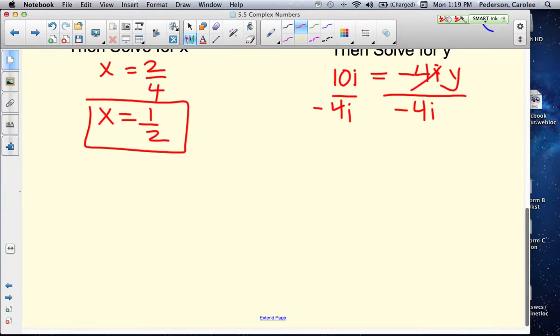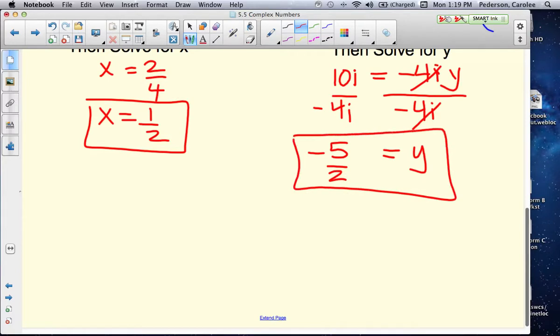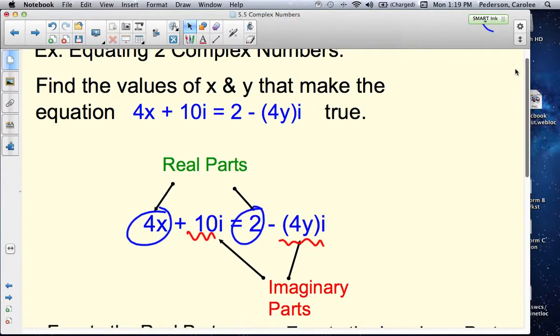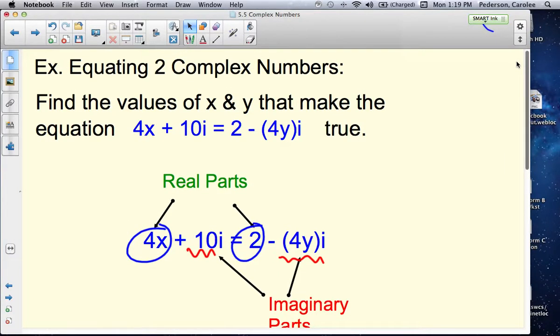The negative 4i and the negative 4i cancel. And then the i's cancel on the left, and you're left with negative 5/2. So your two solutions are x equals 1/2 and y equals negative 5/2. And that's how you solve for making this equation true.